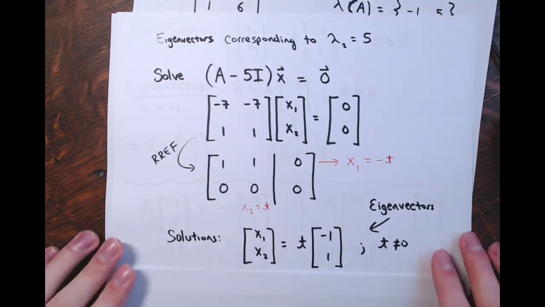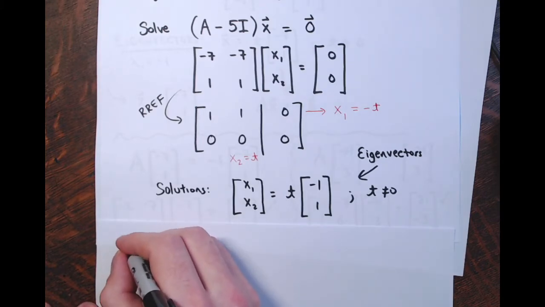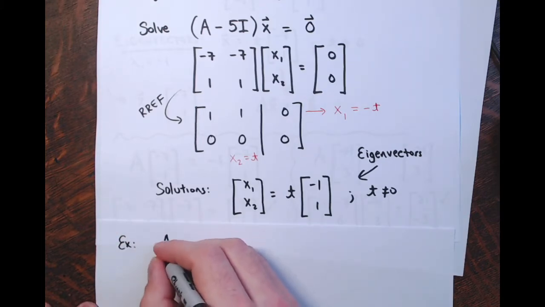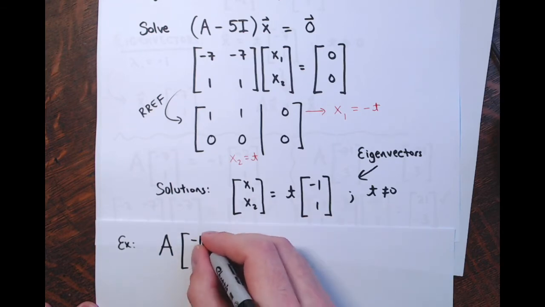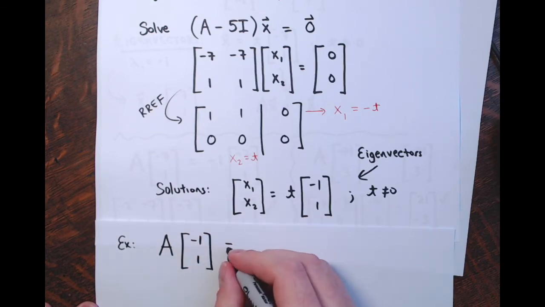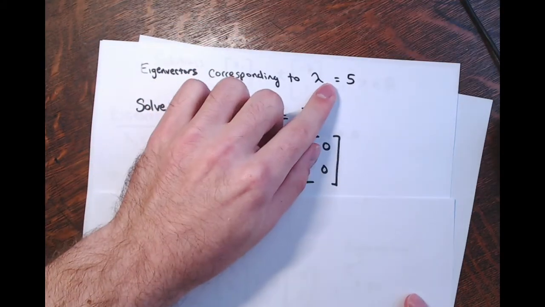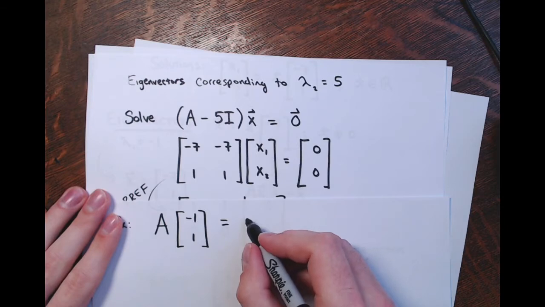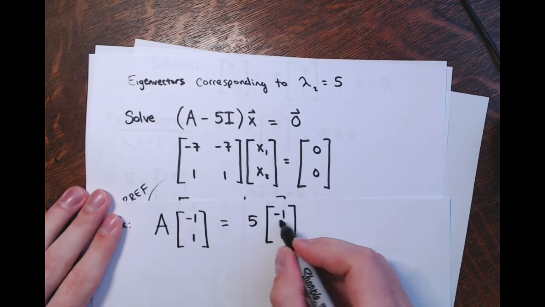Let's test that out. All right. So for example, let's take A times the vector negative 1, 1. Well, if this is truly an eigenvector corresponding to lambda equals 5, this should result in 5 times negative 1, 1, or the vector negative 5, 5.